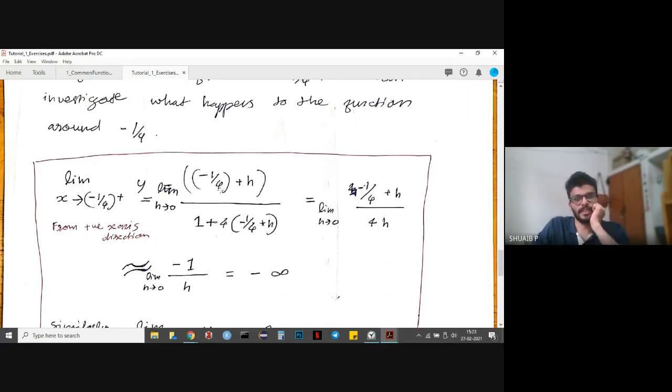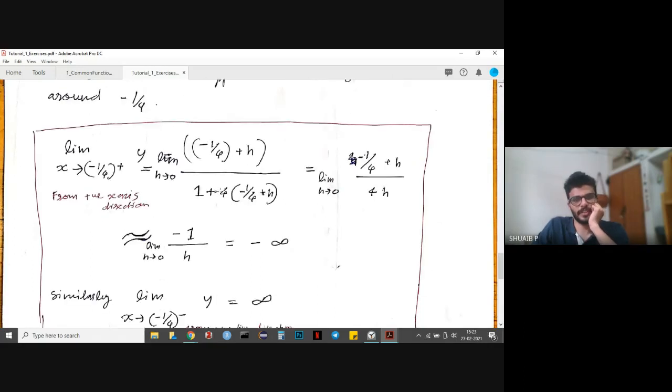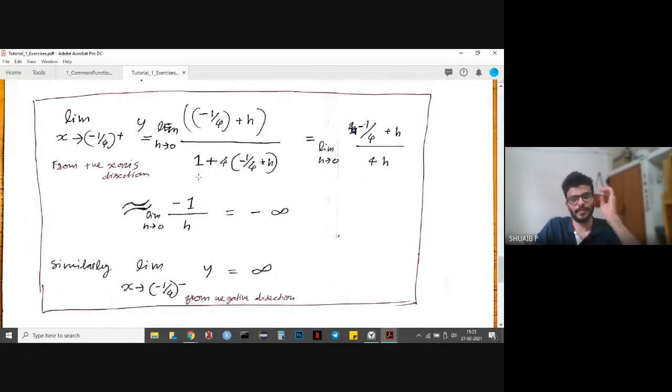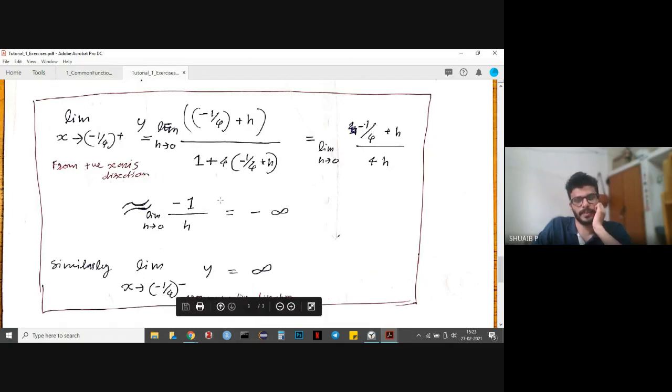What I have done here is tend x to minus 1 by 4 from both the positive and negative direction, and see where this function is tending to.